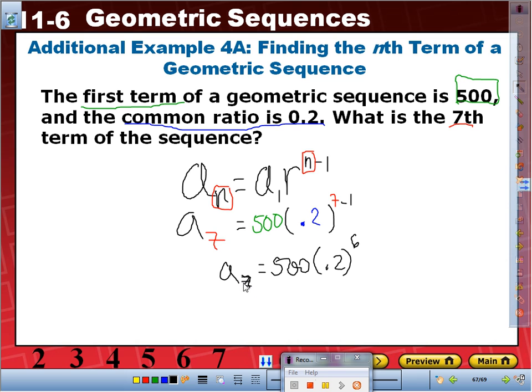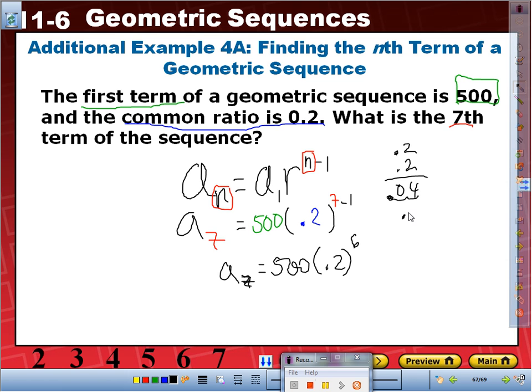Do we know what to do from here? We need to do the power first. So this says 0.2 times itself how many times? 6. So check this out. Careful with these. Everybody look up. 0.2 times 0.2 becomes 4, but there's 2 decimal places, so we add a 0: 0.04.